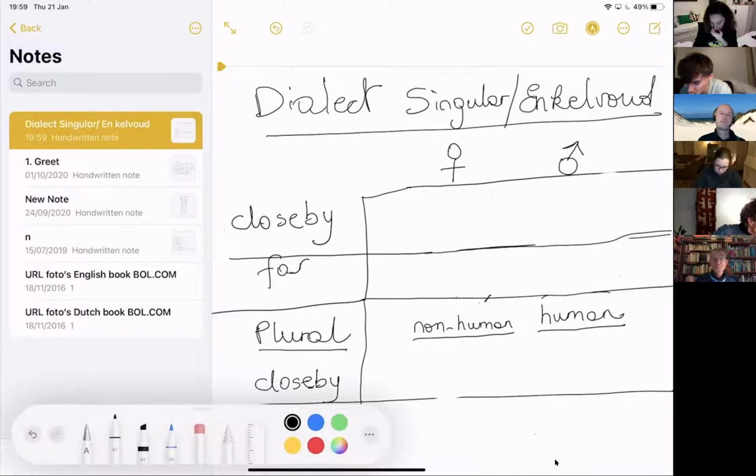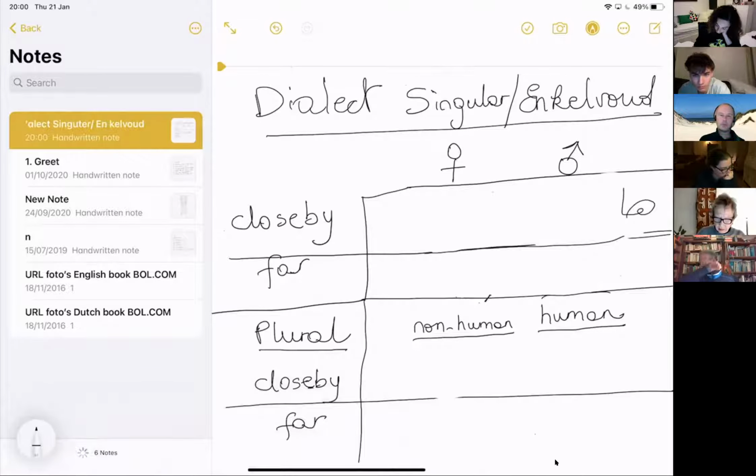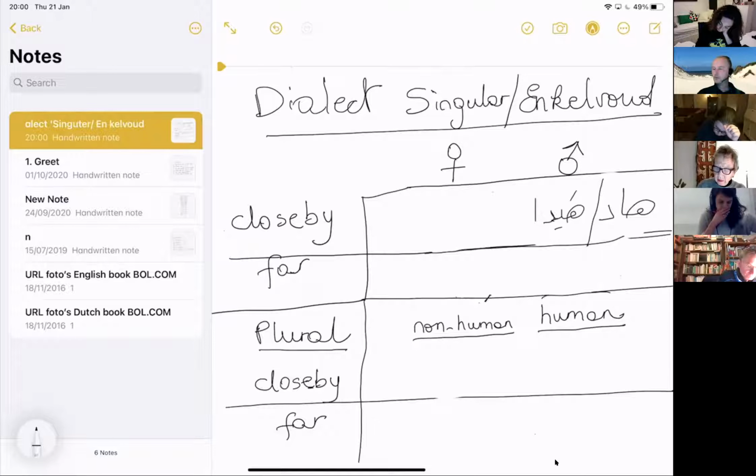If what we're pointing at is masculine and close by, the Syrian one is had, and the Lebanese one is هيدا, a bit like hada. You don't have to learn both. You can choose either the Syrian or the Lebanese one.